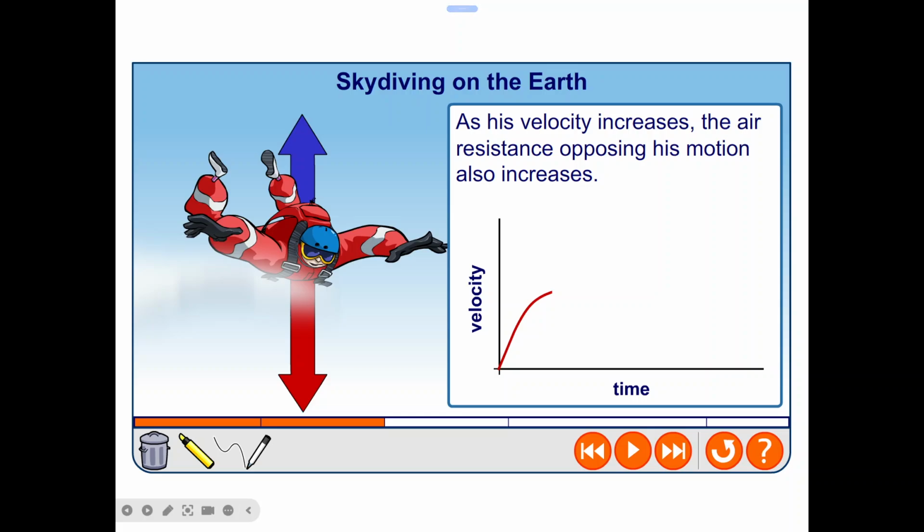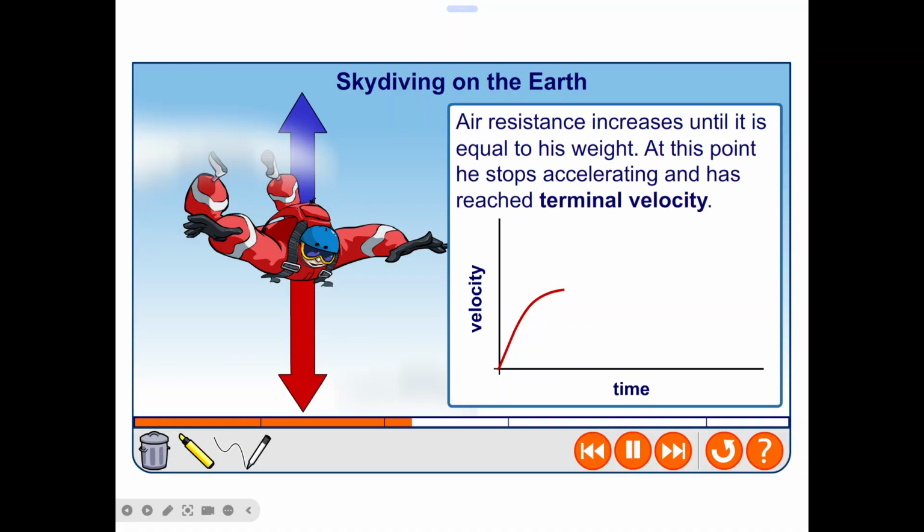So when does air resistance stop increasing? Once it equals the weight of the skydiver. Once the air resistance balances the weight, he stops accelerating, which means speed no longer increases, and thus air resistance no longer increases as well. Then he reaches his terminal velocity.